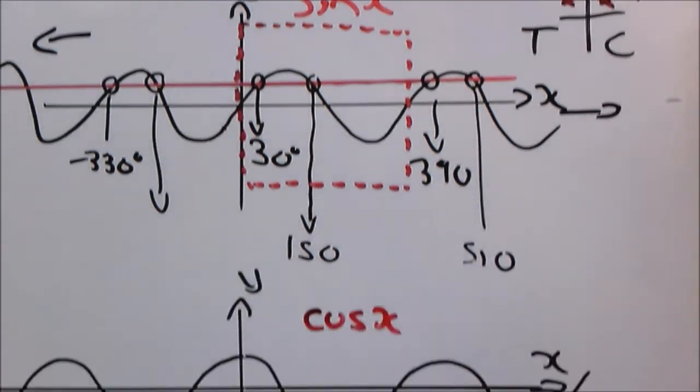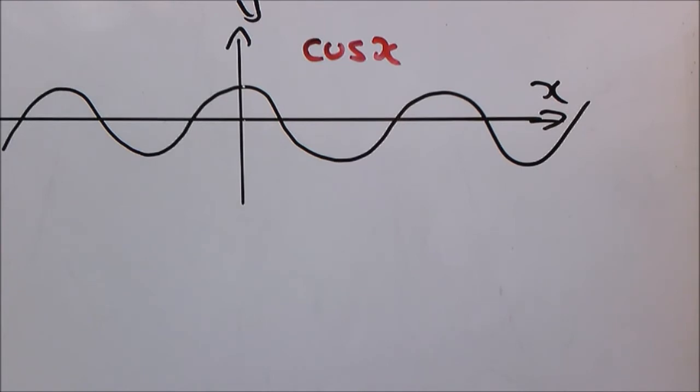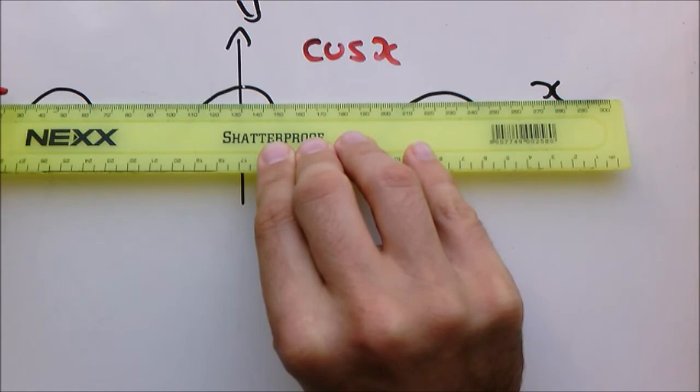So let's look at the cos graph. Here you have a cos graph, and again the same thing will apply now. If we are looking for a specific answer or a general solution to a value, we can again say a half or square root of 3 over 2, doesn't matter.